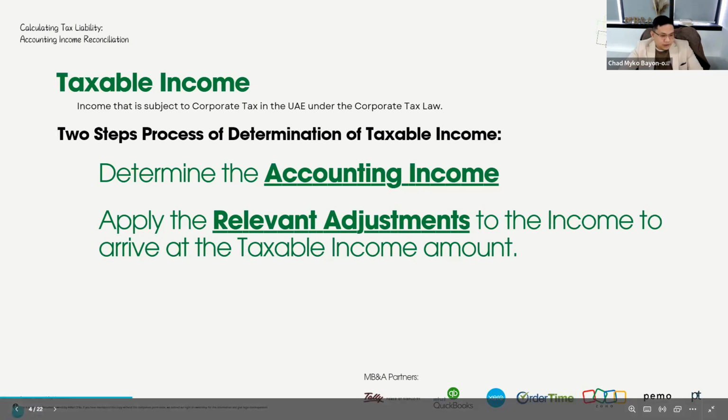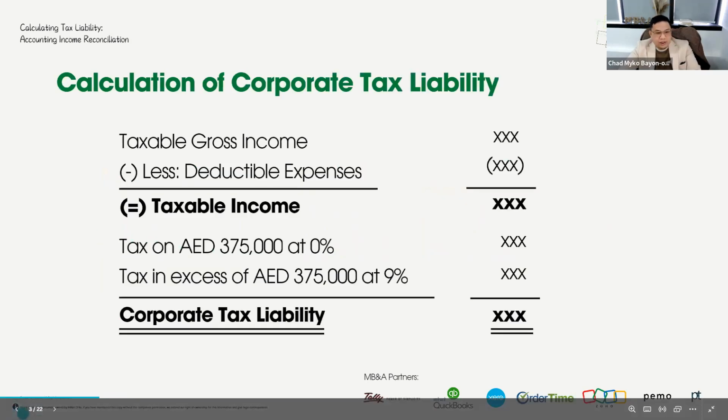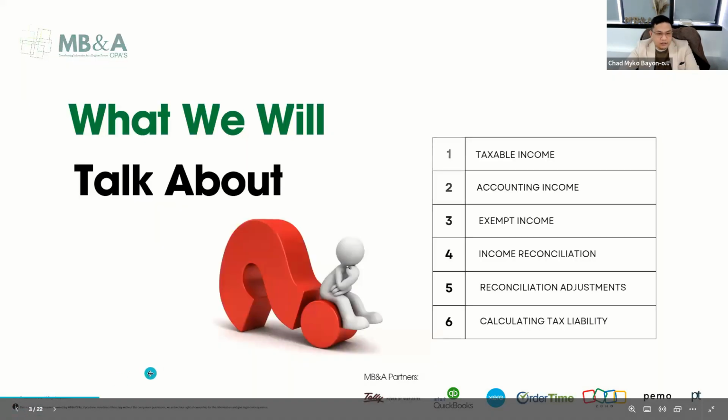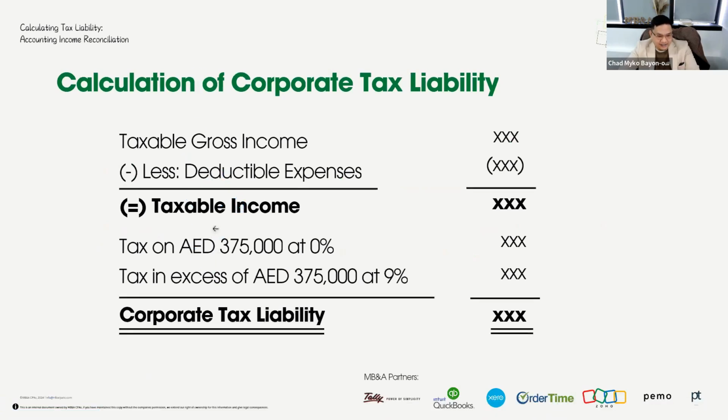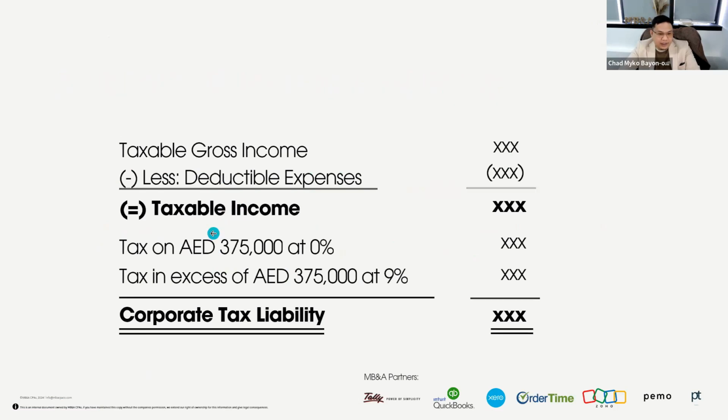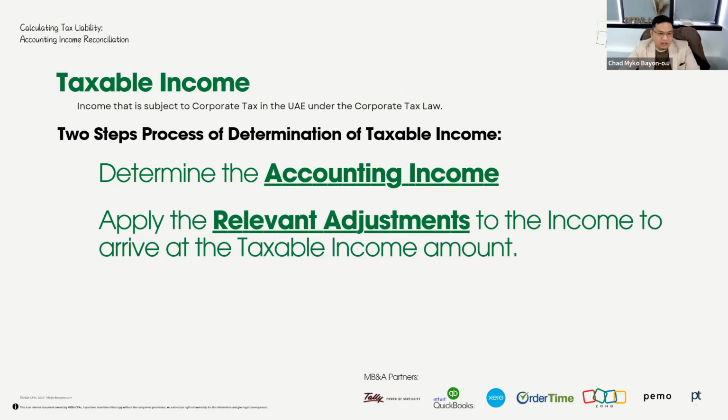Again, showing here. So normally, this is the normal presentation of other countries as well, for most of the countries. But for UAE, they made it more simpler. They made it as a first determining point would be your accounting income, and your accounting income includes other comprehensive income.